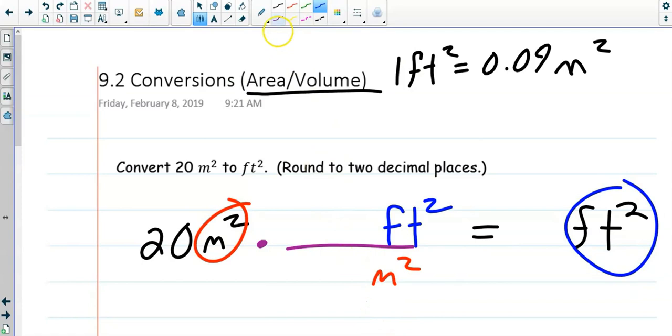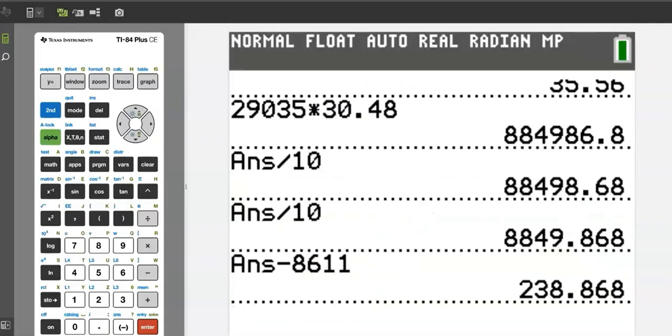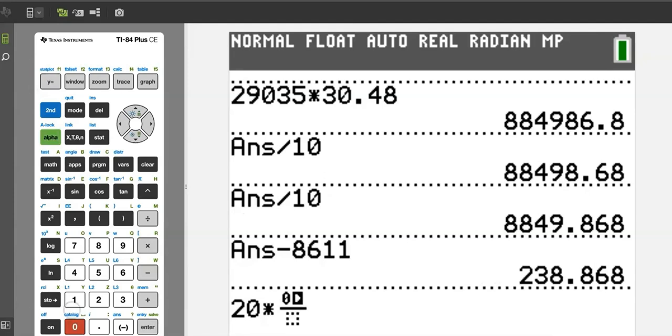The meter squared number is 0.09. The foot squared number is 1. So go to your calculator and take 20 times 1 over 0.09. And it's messing up.